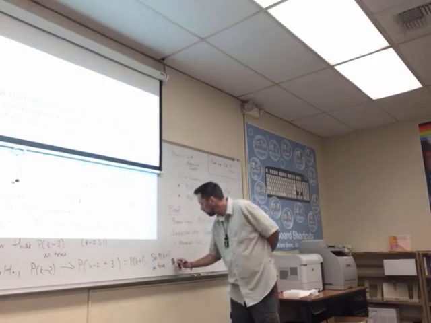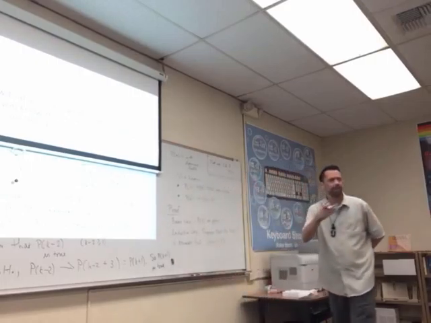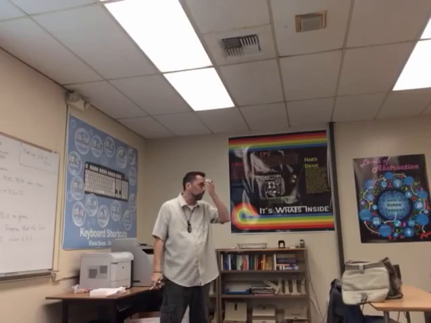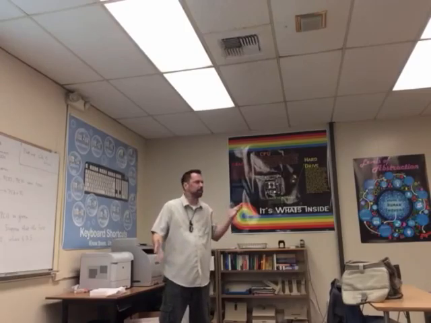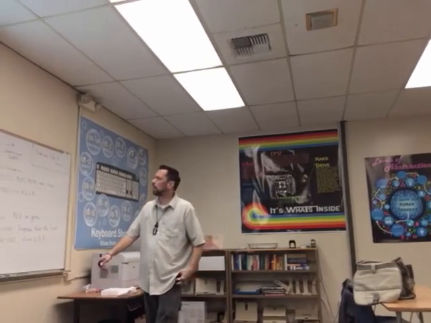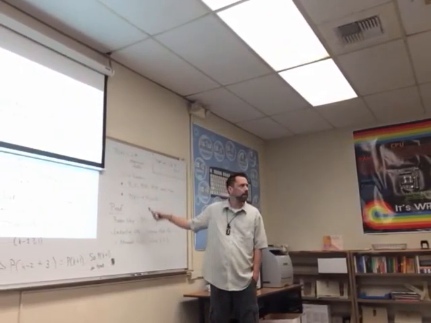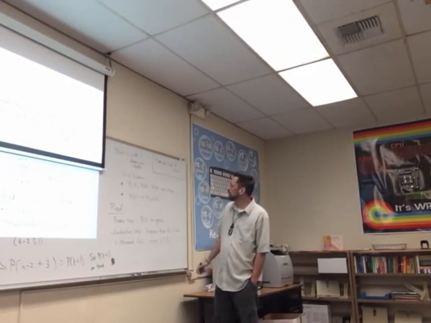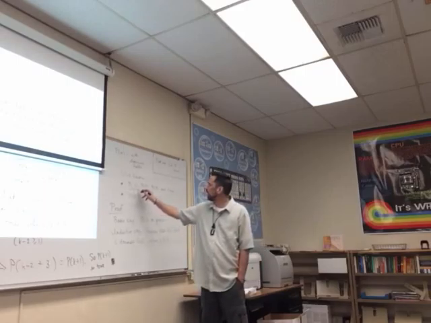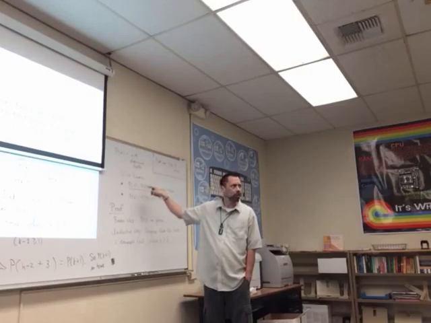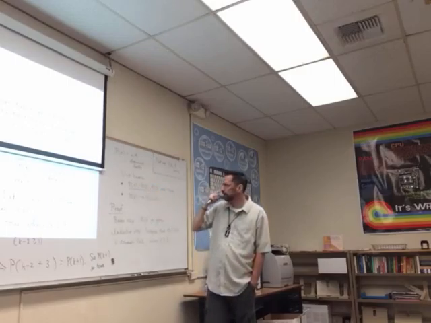Use strong induction whenever there's a gap between your statements. Like in this case, there's a gap of 3 between P of k and P of k plus 3, okay? So you fill in that gap with, the trade-off is that you have to know more things are true at the beginning, okay?